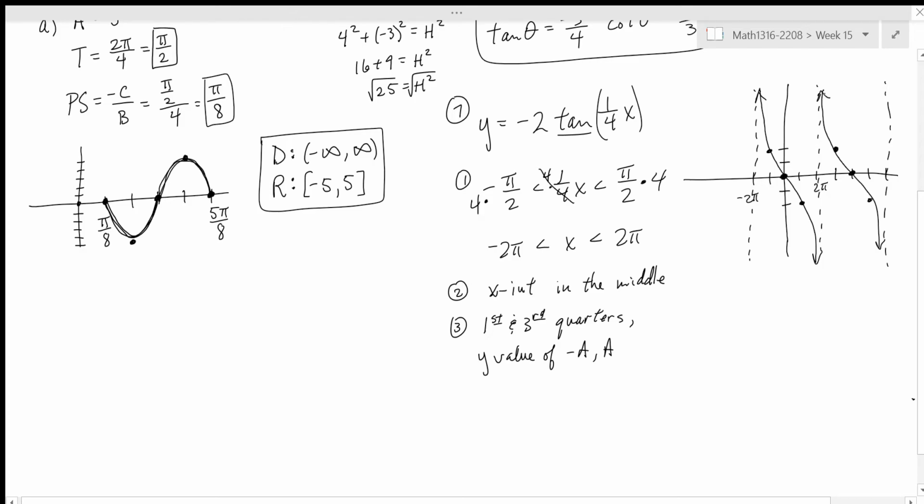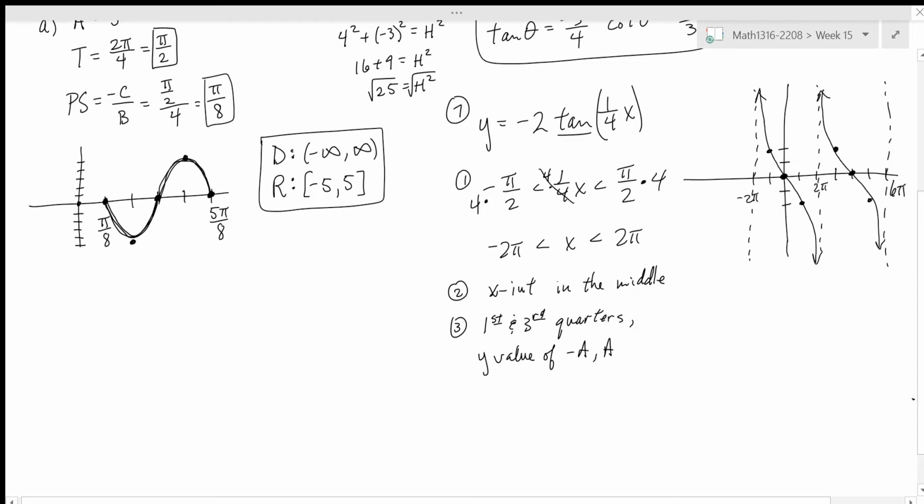Where would that third asymptote be? Not 4 pi, 6 pi. Y'all see why?